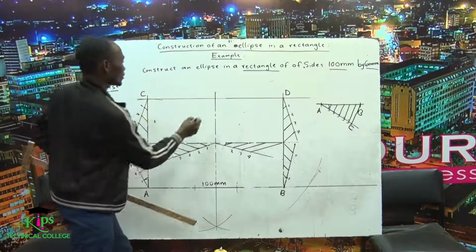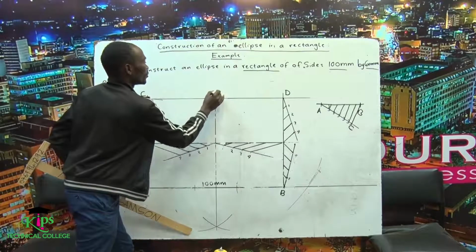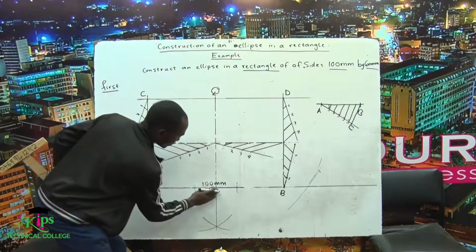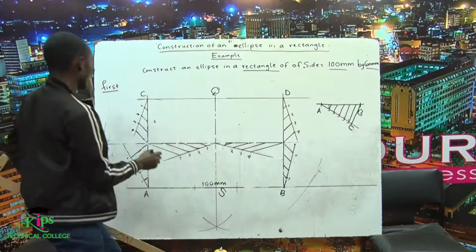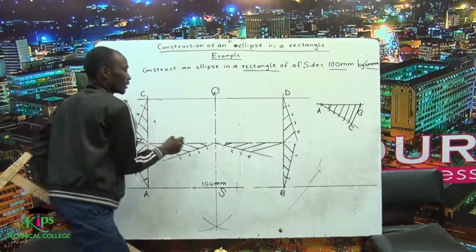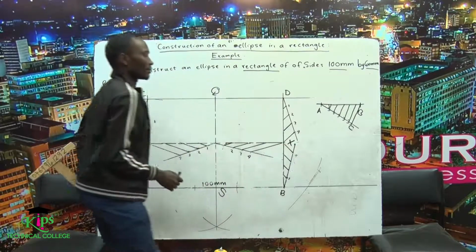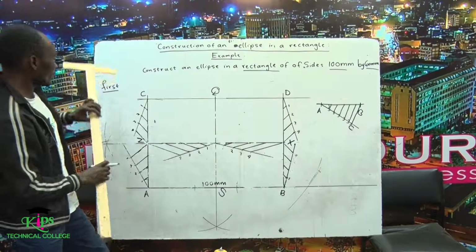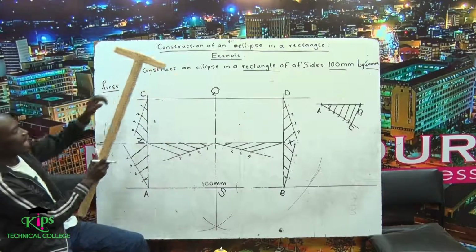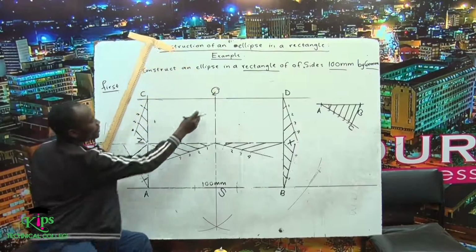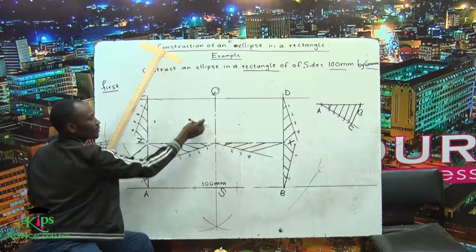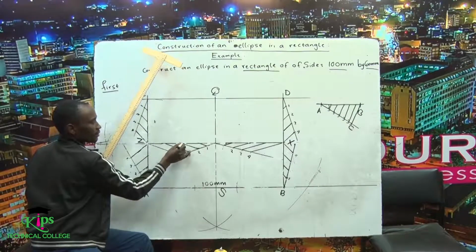Now, let me call this point Q, this point S, then point Z, and point X. So now, I will draw lines from point Q passing through these points.